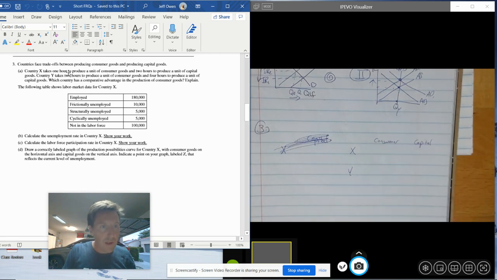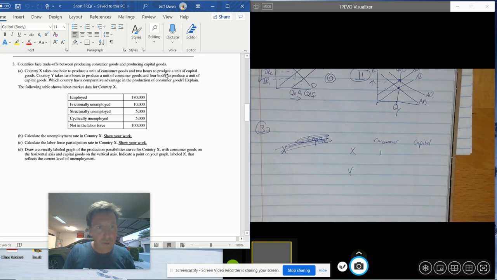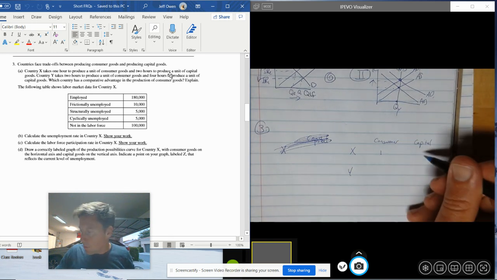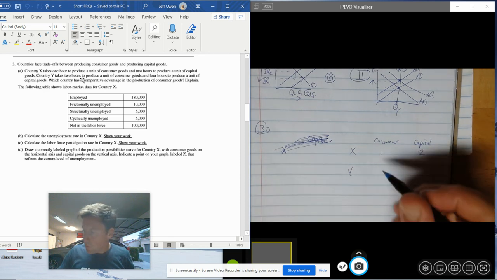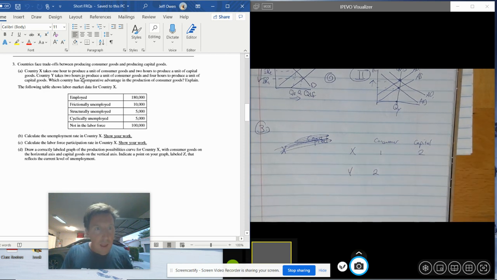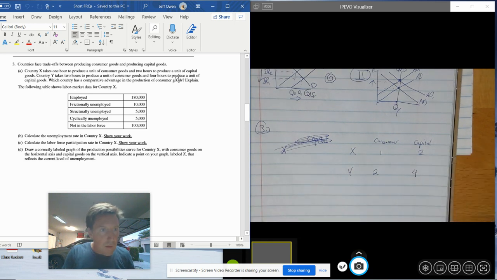So country X takes 1 hour to produce a unit of consumer, boom, and 2 hours to produce capital. All right, and then country Y takes 2 hours to produce a consumer and 4 hours to produce a capital. Which country has comparative advantage in production of consumer goods, and explain.